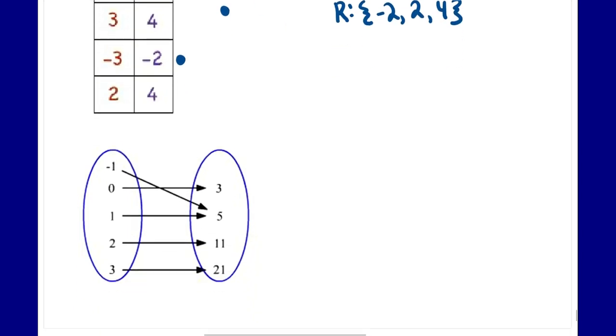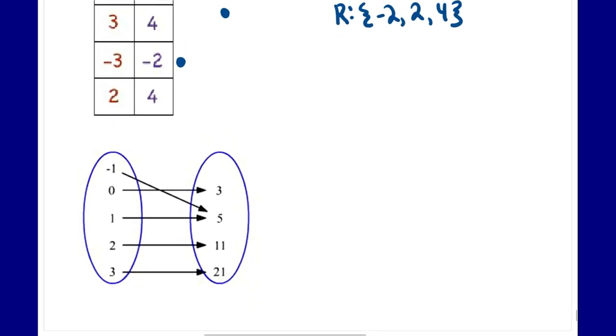Last example, a mapping notation or mapping diagram. Same idea. We can think of the first column of values as x, or the domain, and the second column as y, or the range. When we have something like this, we treat it similar to a table of values. I'm just going to go through my domain and write down all the values that are listed: -1, 0, 1, 2, 3.